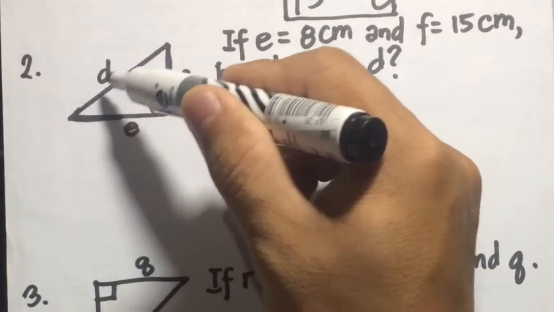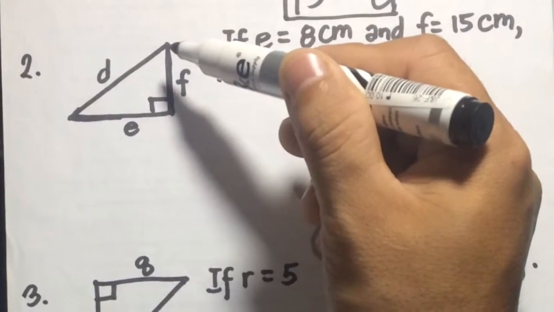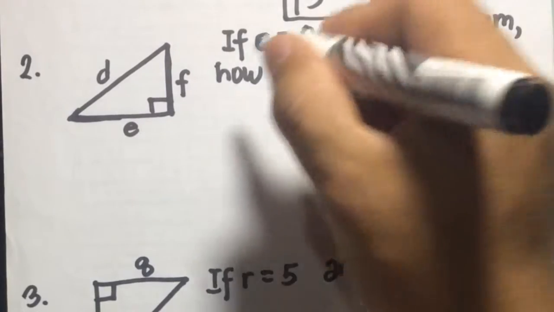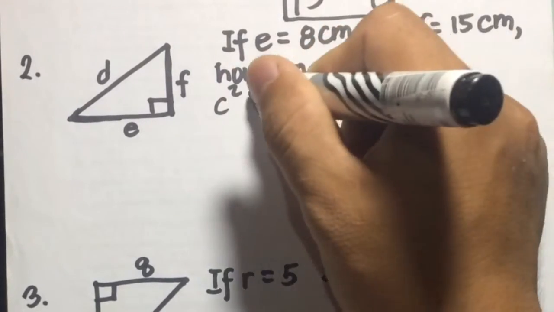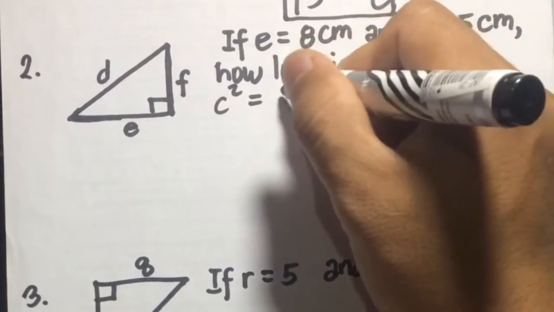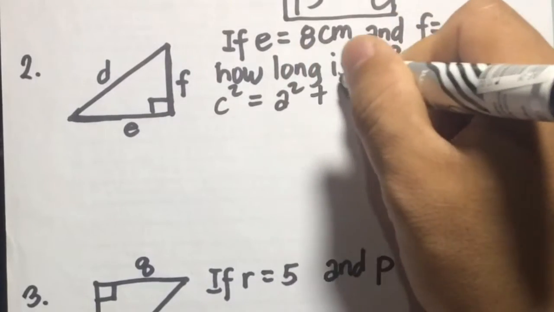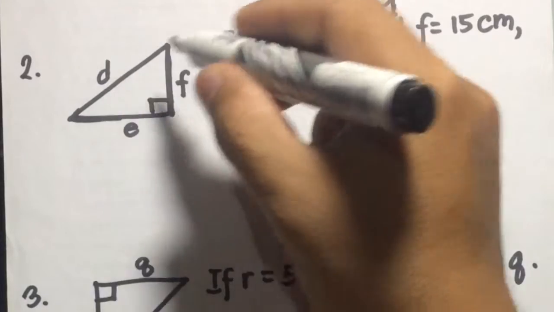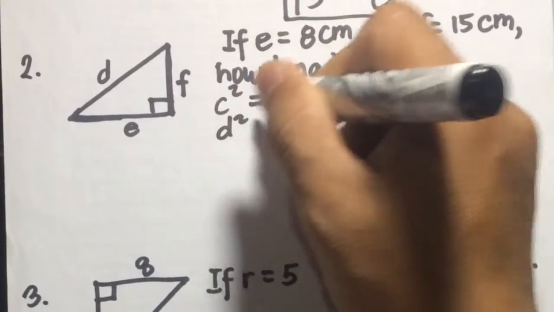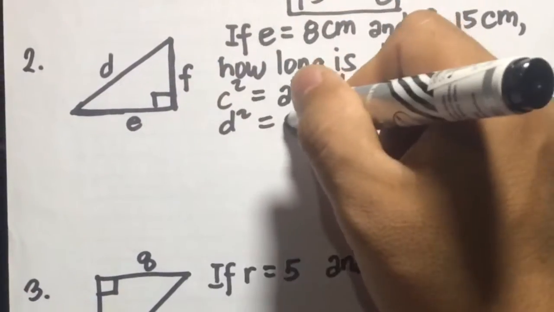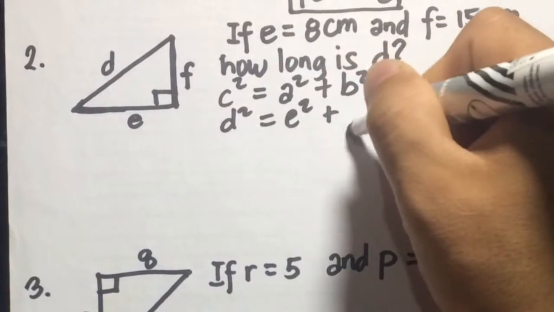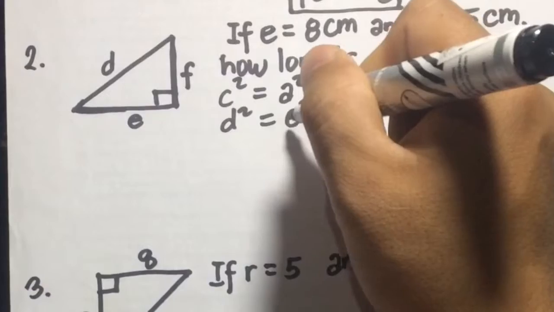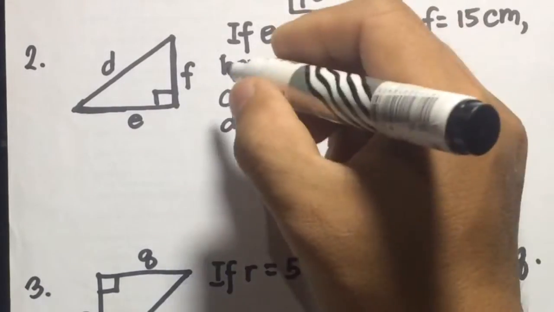We're going to find the length of the hypotenuse D. We use the formula C squared equals A squared plus B squared. C squared is the hypotenuse here, so we have D squared equals E squared plus F squared. The legs are E and F.